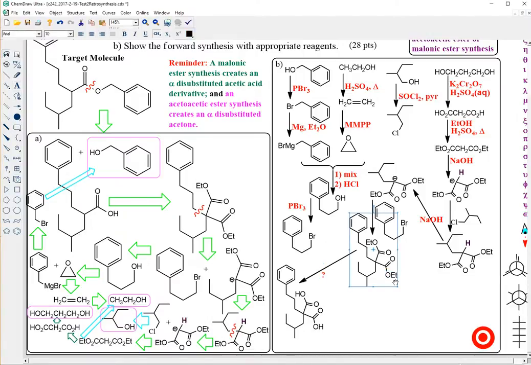Saponification followed by acidification of diethyl malonate will yield disubstituted malonic acid. Saponification is accomplished using aqueous sodium hydroxide, and acidification using HCl.